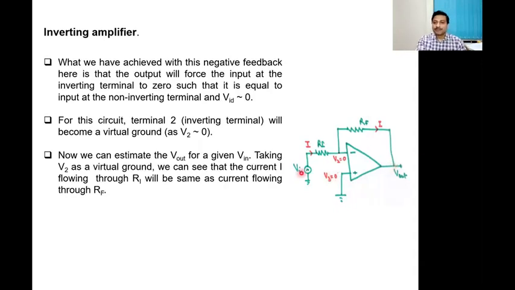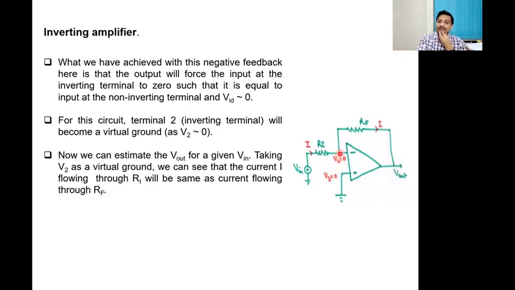If this is positive, then this is negative, and that way you can decide the convention of current flow. However, since this ground point connects both these terminals, the current in the input arm will be the same as the current in the feedback arm.